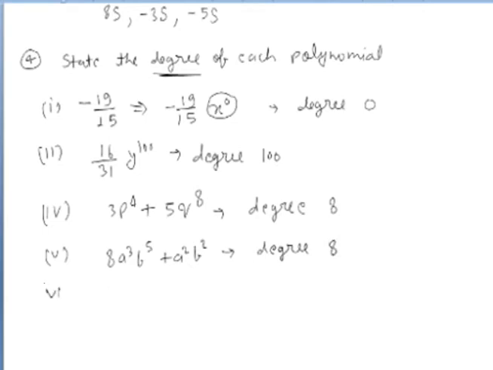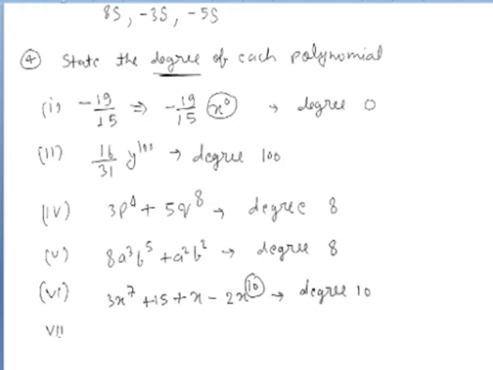And question number 6, 3x to the power 7 plus 15 plus x minus 2x to the power 10. Here the highest power is 10, so the degree is 10.